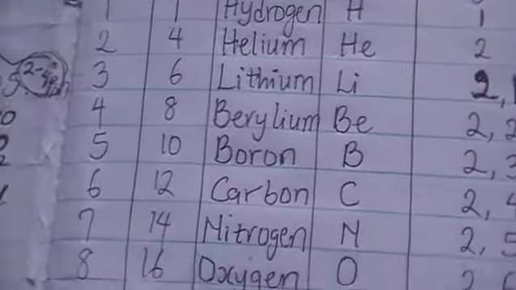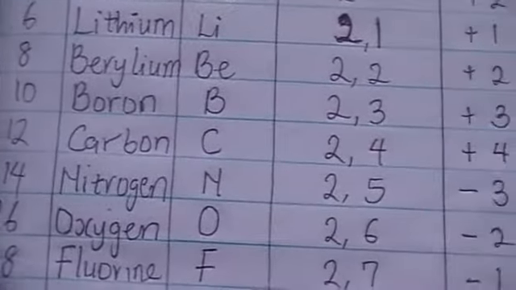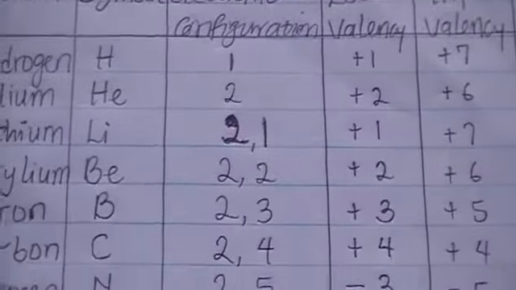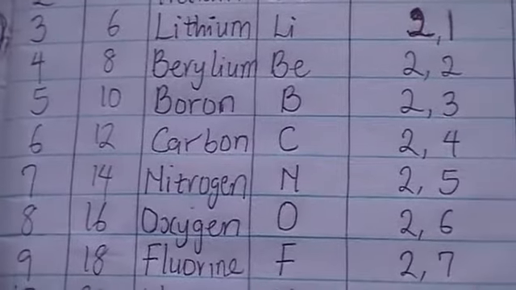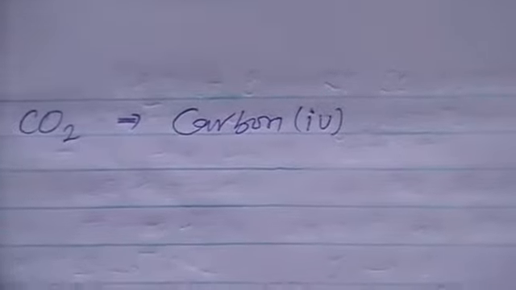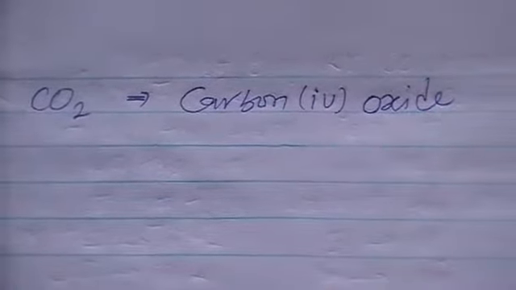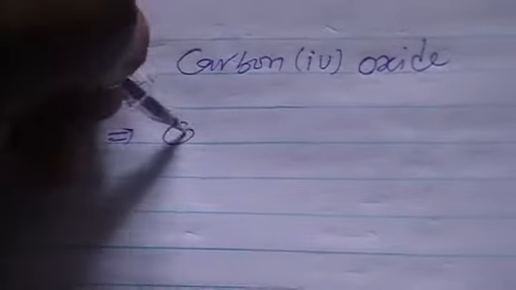If we check our table, carbon is here. The valency of carbon is 4. Atomic number is 6. So we are having carbon 4 oxide. The oxygen turned to oxide. Carbon 4 oxide.